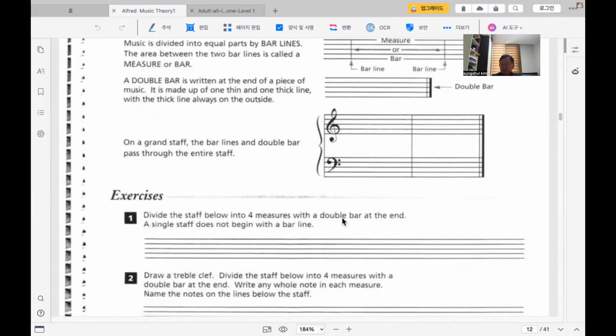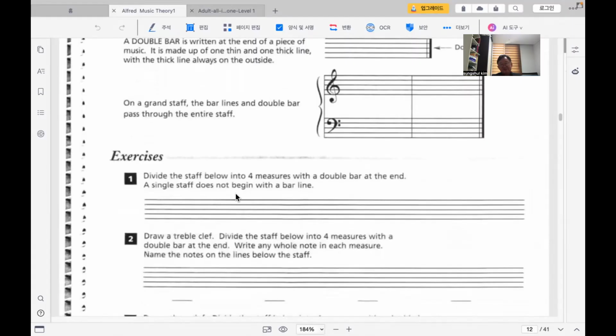Exercise 1. Let us exercise together. Divide the staff below into four measures with a double bar at the end. A single staff does not begin with a bar line.